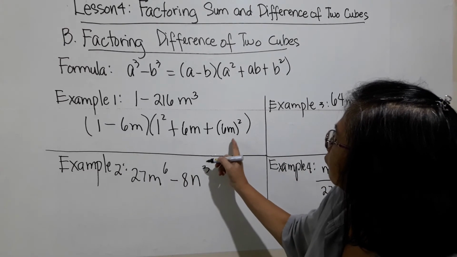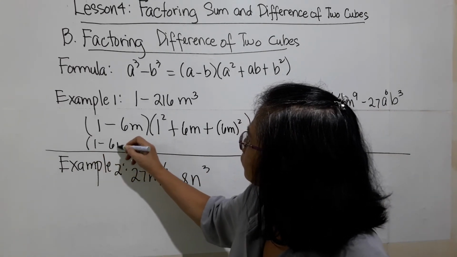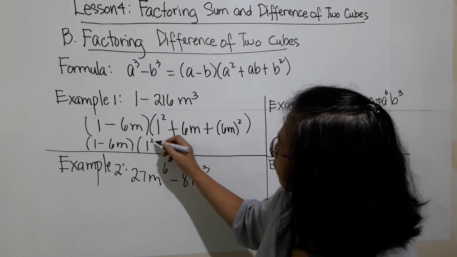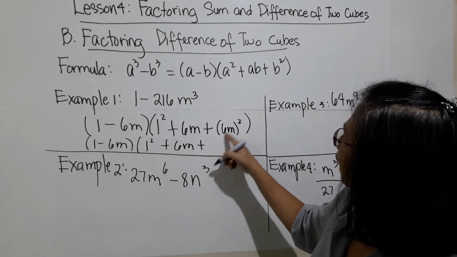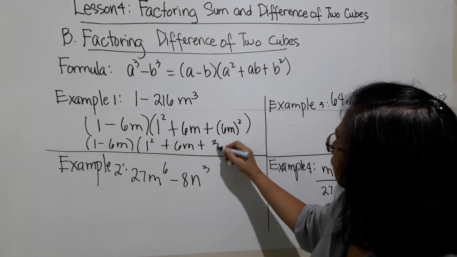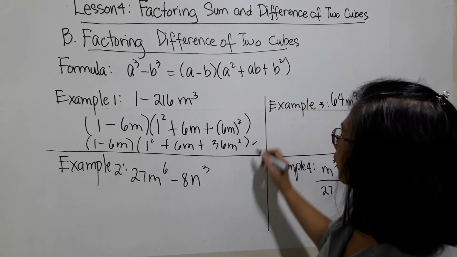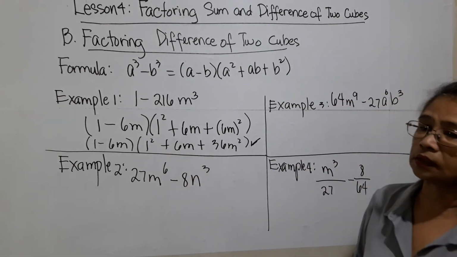Then we need to simplify the third term, so we first copy the first factor. 1 squared is 1, plus 6m, plus 6 times 6 or 6 squared means 36m squared. And this is the correct factors of 1 minus 216m cubed.